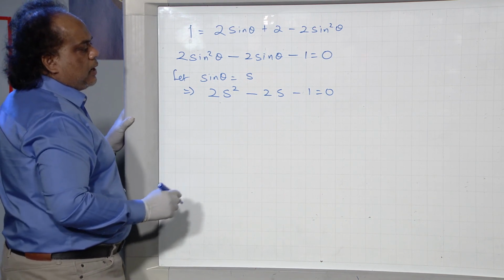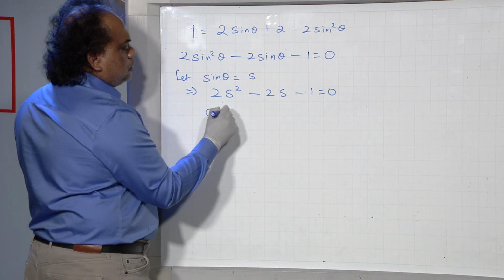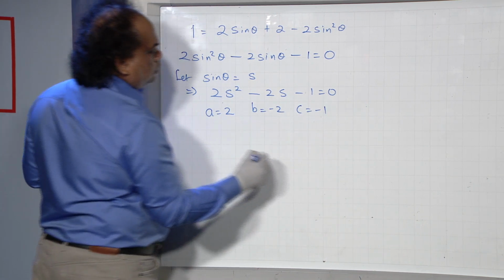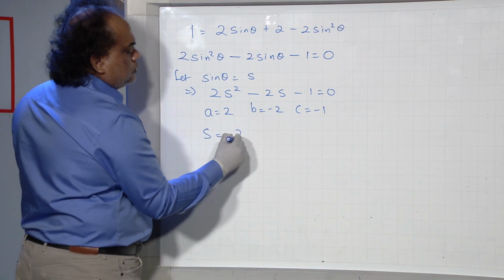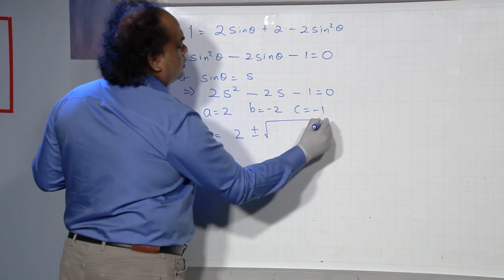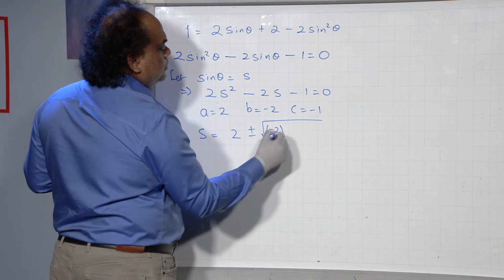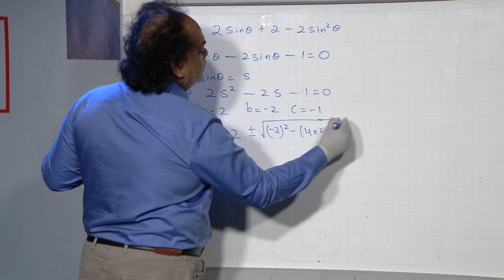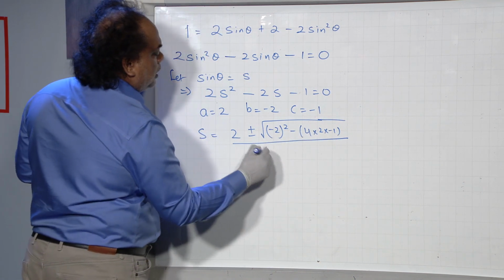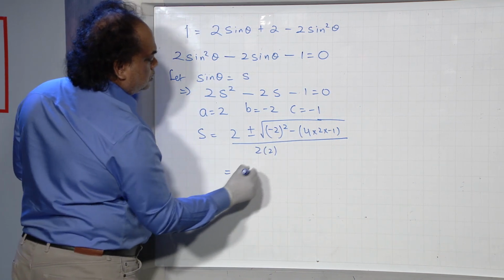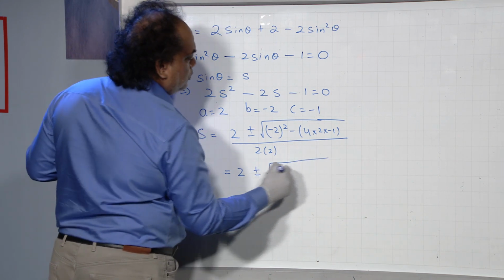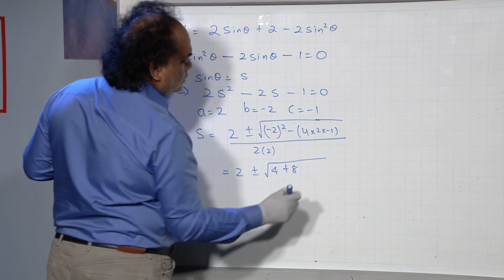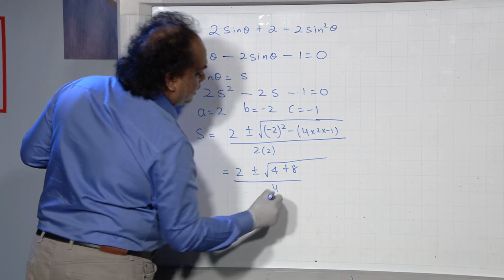So if you apply the quadratic formula, a is equal to 2, b is equal to minus 2, c is equal to minus 1. s is equal to minus b plus minus the square root of b squared minus 4ac, divided by 2a. So this becomes 2 plus minus the square root of 4 plus 8, divided by 4.